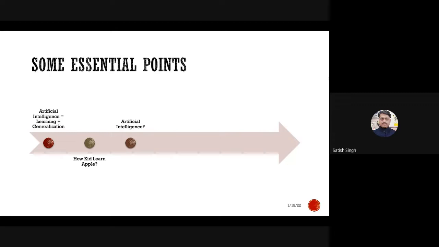So artificial intelligence means good learning and good generalization capabilities. The earlier definition of artificial intelligence was that a machine should be able to do certain tasks, certain actions.